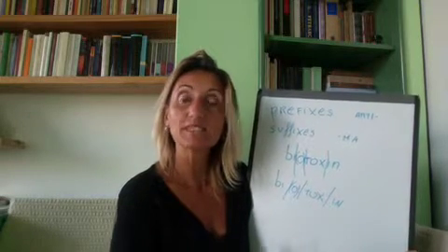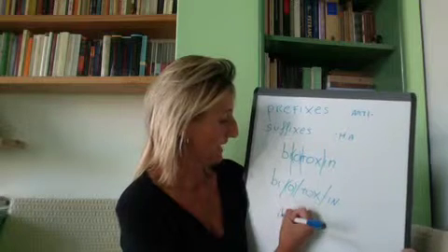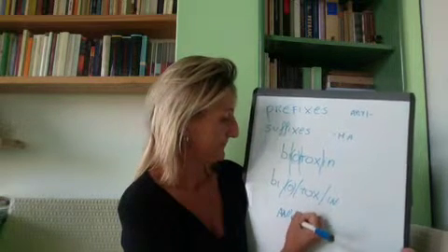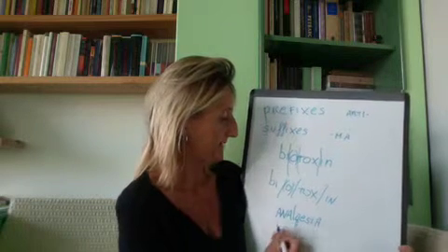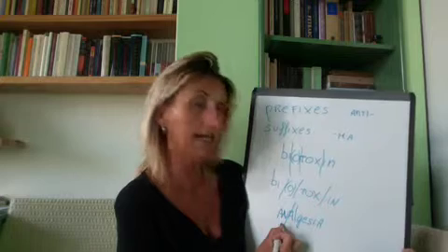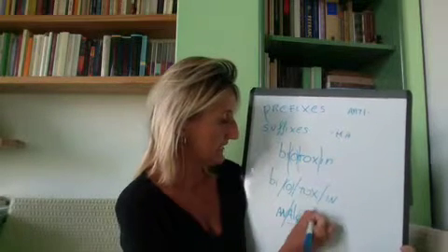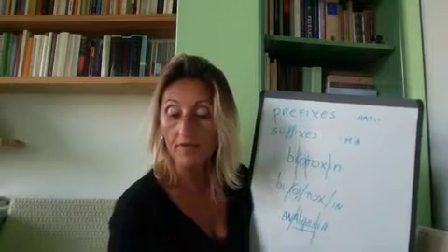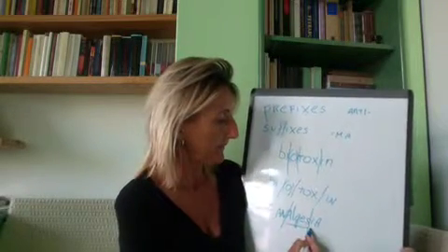Let me give you another example. Another example is the word analgesia. Now, the prefix an means without. Alges means sensitivity to pain, as you can see on page 7.